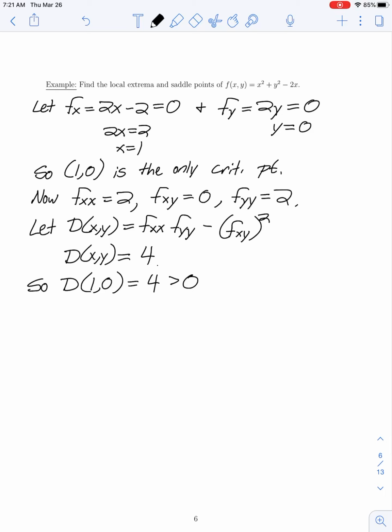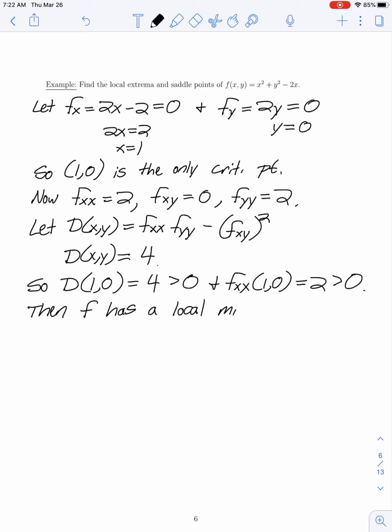So the second partials test says if the discriminant is positive, we do not have a saddle point. We have either a local maximum or a local minimum, and to determine which one, we look at the value of the second partial derivative of f with respect to x at our critical point, which is a constant 2, which is a positive number. So the second partials test says that our function has a local minimum at the point (1, 0).